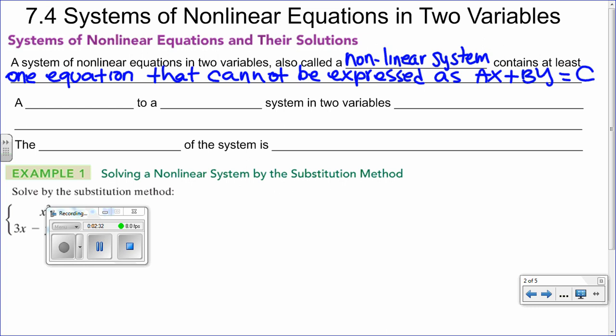So if we call it nonlinear, at least one of them is not linear.